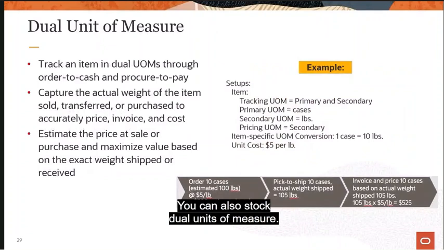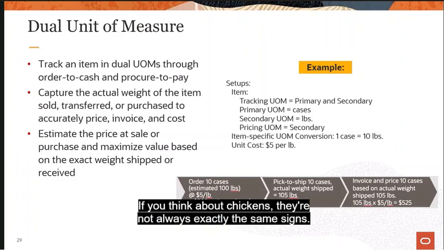You can also stock dual units of measure. You can price and invoice in dual units of measure, very popular in process manufacturing, and where you have things where the specific weight of something may vary from lot to lot or package to package.